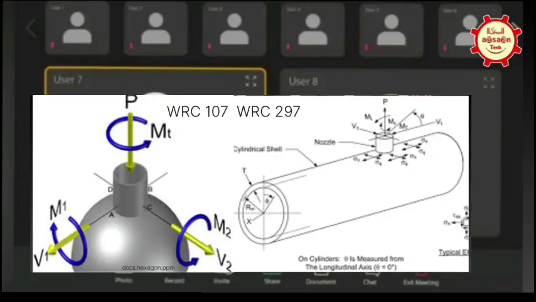The available methodologies are WRC 107 and WRC 297. It is mandatory to check as per WRC 297 or 107, or alternately we have another method called PD 5500. So these three options are available.